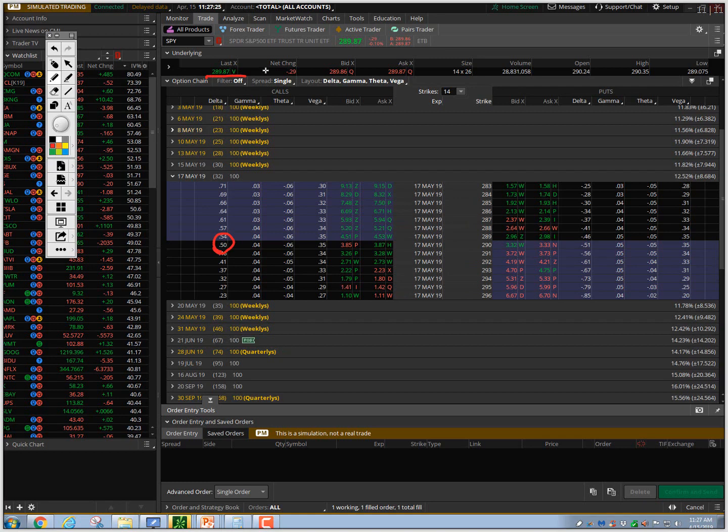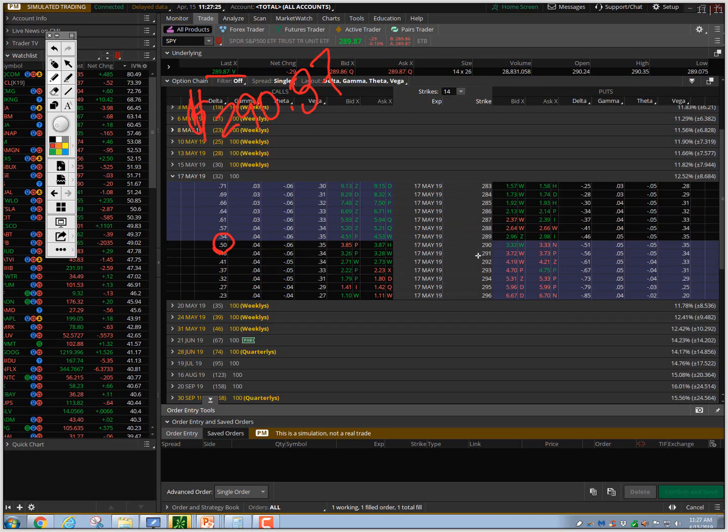What we said with delta was that the premium is affected by the underlying's first dollar move. So when this goes from 289.87 to 290.87, let's say it went up by $1, now we're trading at 290.87, right?